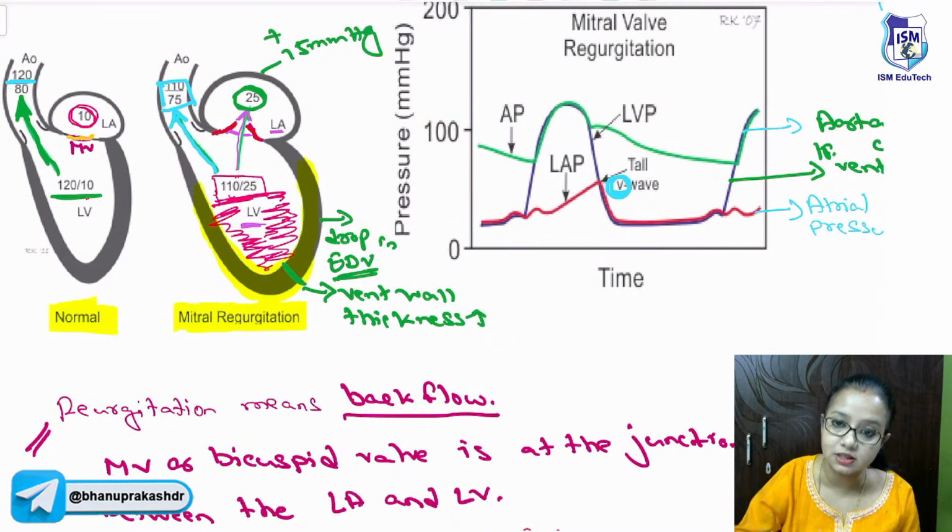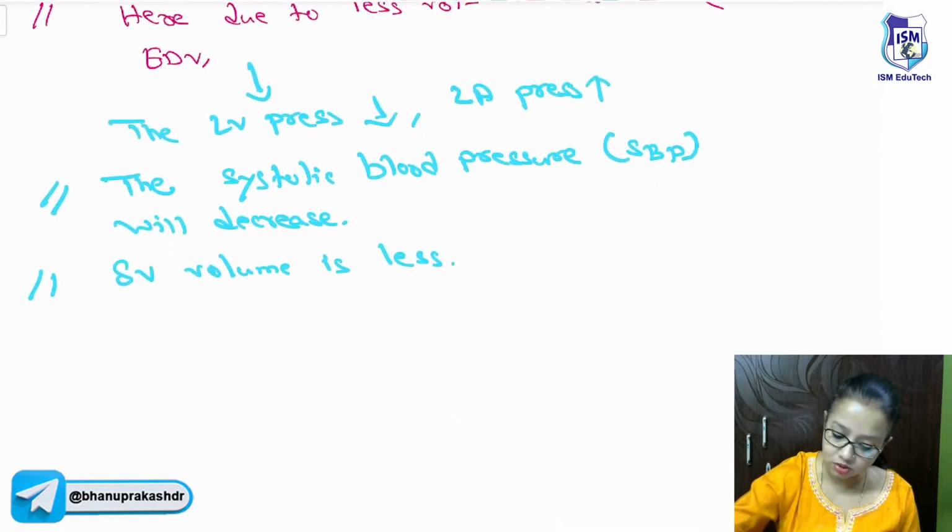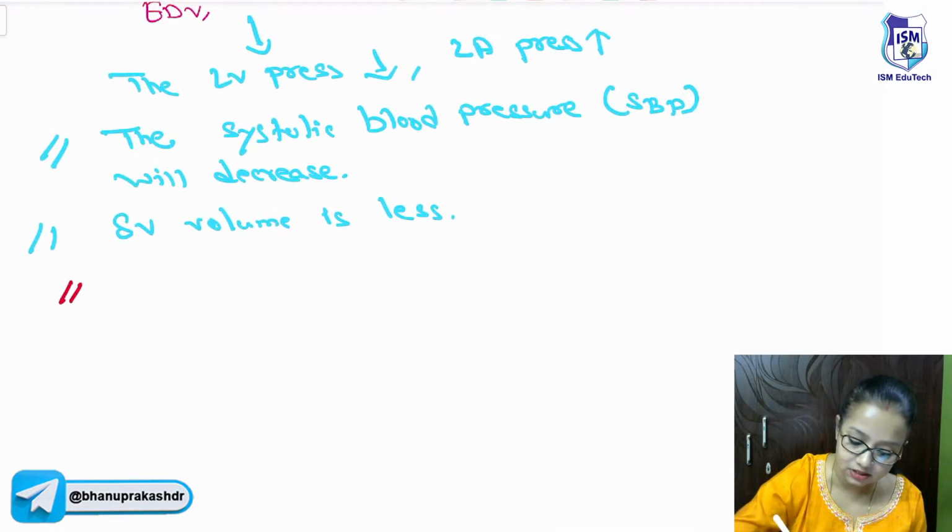So when the ventricles are contracting, the pressure exerted by the leaked, not tightly closed bicuspid valve is more on the left atria, as a result of which there is more increase in the V wave. So what is the characteristic of this?